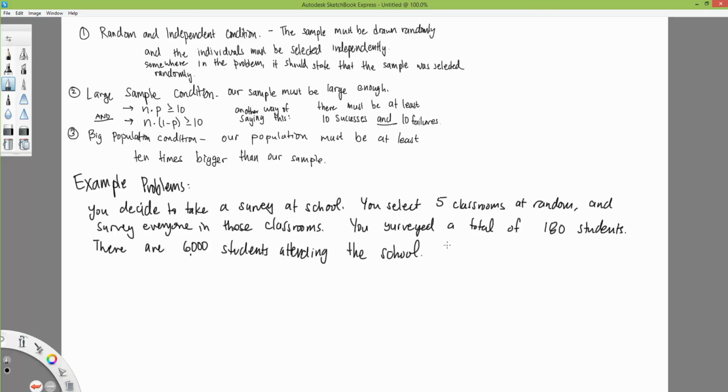And then 32% of students surveyed do not own a toaster. So read through this. Tell me, are any of these conditions violated? Are they all met? What's going on here? So think through that.